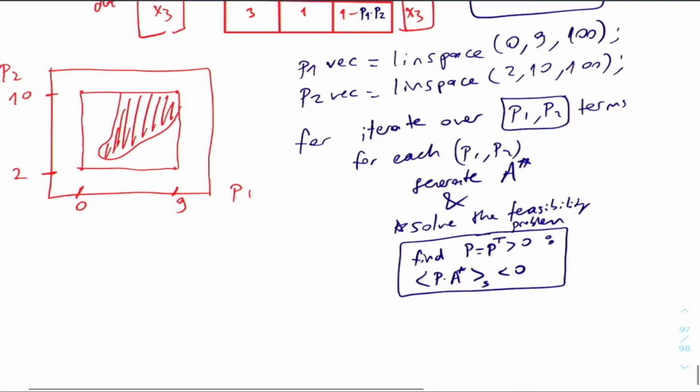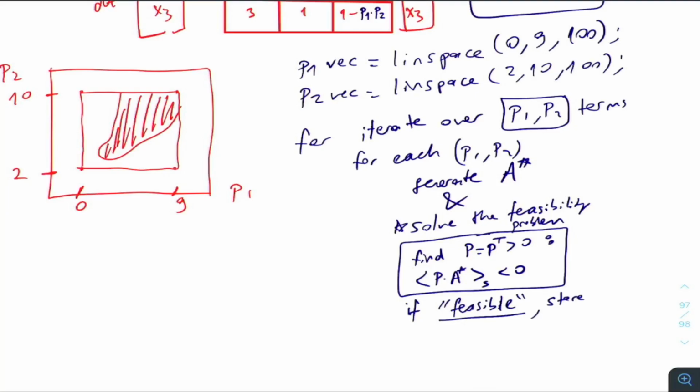And if feasible, store it, store the e1, e2 values, and yeah, that is the code.